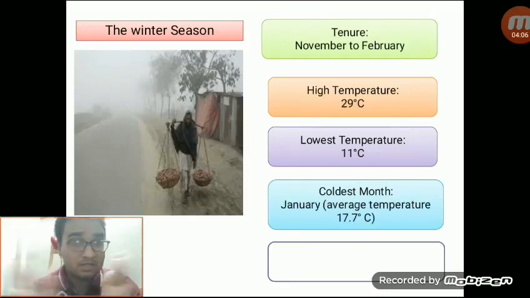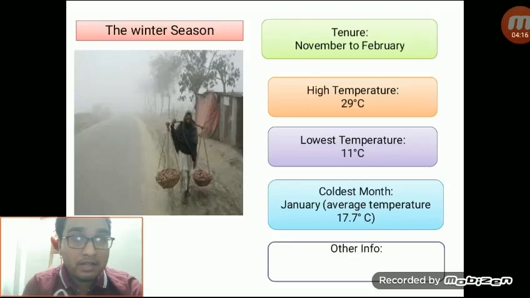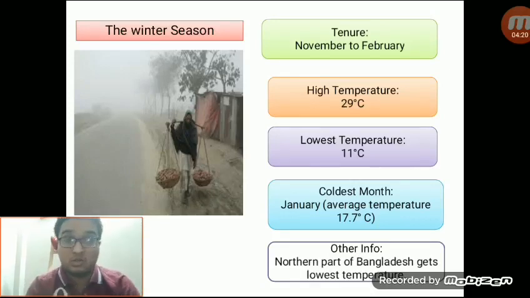So this is the thing about the coldest month and the average temperature of the coldest month. Then other information: the northern part of Bangladesh gets the lowest temperature. This is vital information.